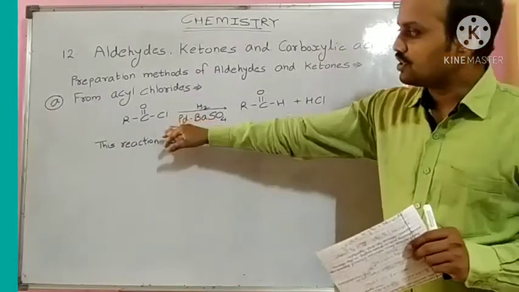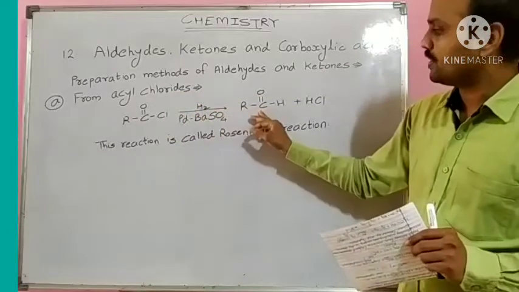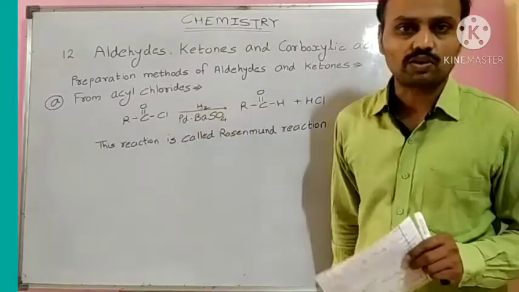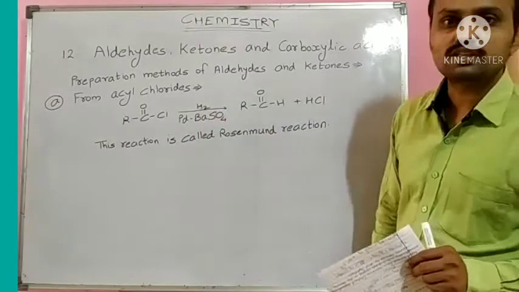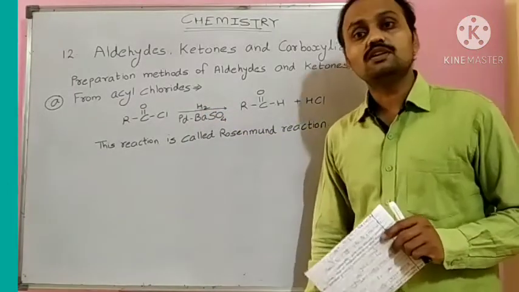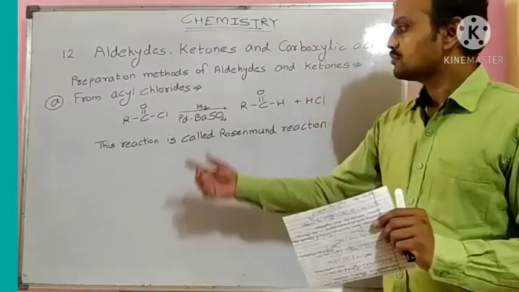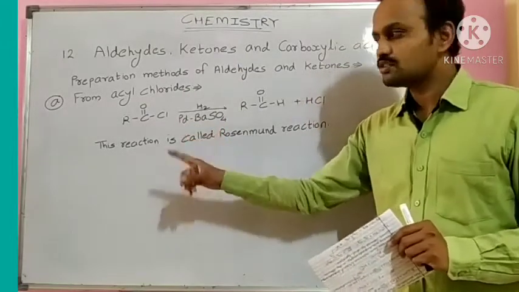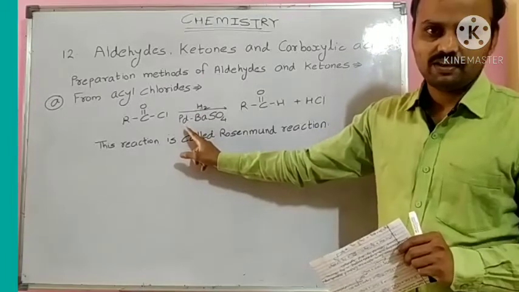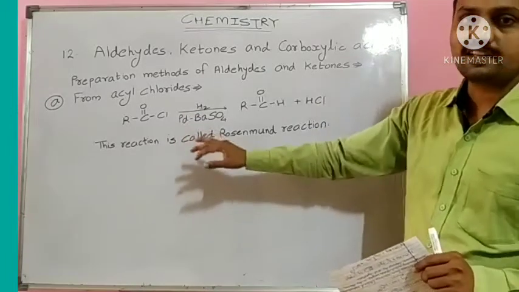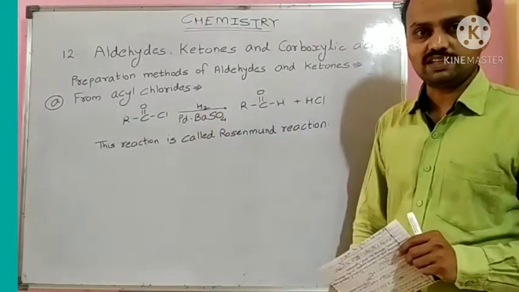This is the general reaction of preparation of aldehydes from acyl chlorides. Addition of H2, and we know students, addition of H2 is nothing but the reduction reaction. What else we have used? It is Pd. Pd is palladium metal, and palladium metal is acting as catalyst in this reaction.